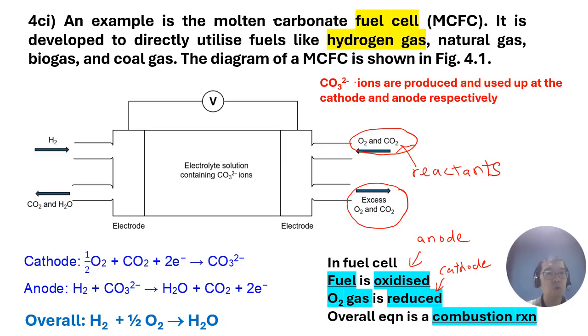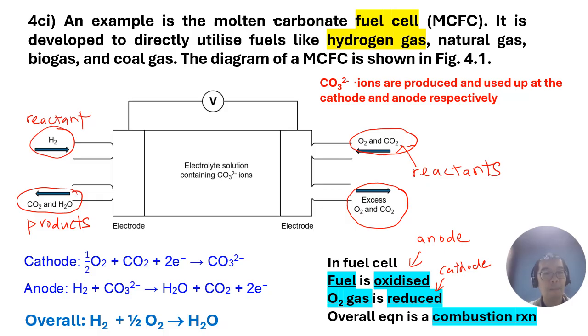For the electrode on the left hand side, H2 is being supplied, so H2 is the reactant. And what is coming out is CO2 and H2O, so they are the products. If you piece together these clues, and also the clue that CO3 2- is produced and used up at the cathode and anode respectively.